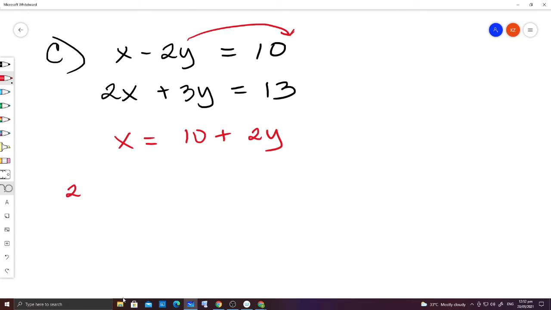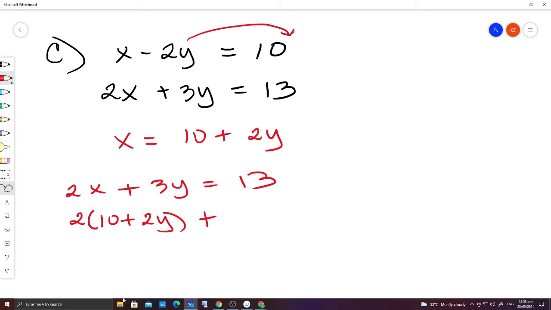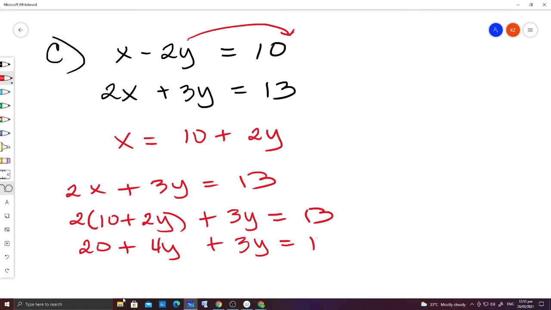Okay, so we have 2x plus 3y equals 13. So we have 2 times 10 plus 2y plus 3y equals 13. We have 20 plus 4y plus 3y equals 13. Let's rearrange first.